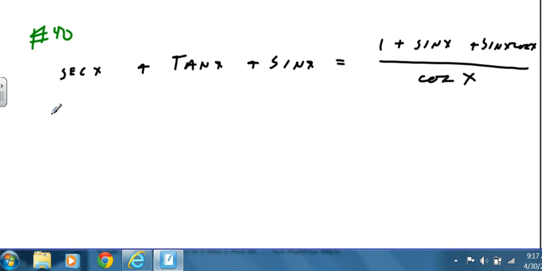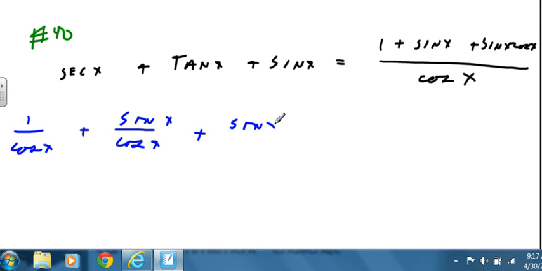All right, so secant is 1 over cosine, and tangent is sine over cosine, and sine is sine x. And then I say, well, I need a common denominator, because if I'm going to add these guys together, I'm going to have a common denominator.